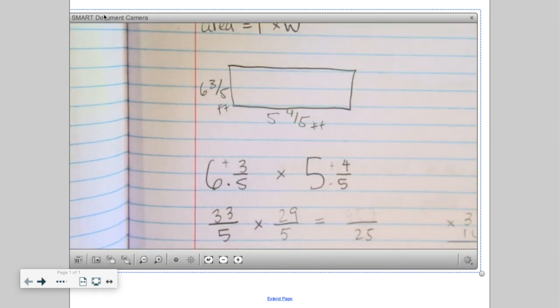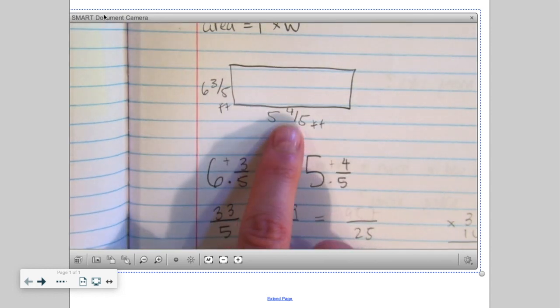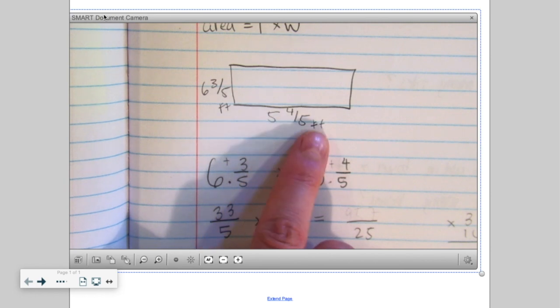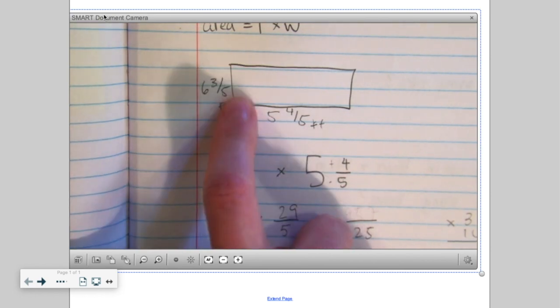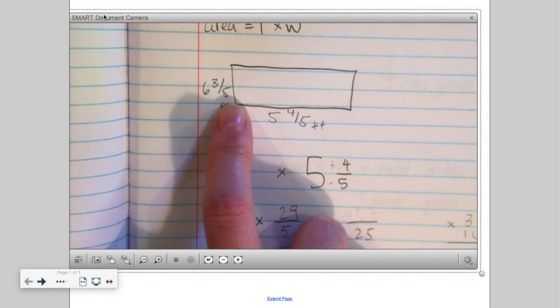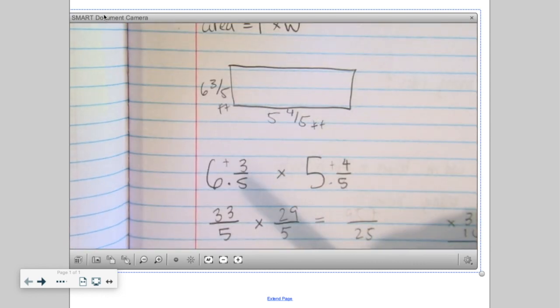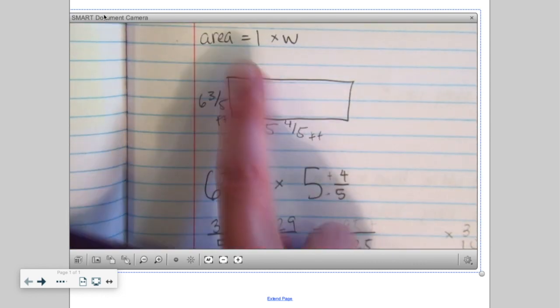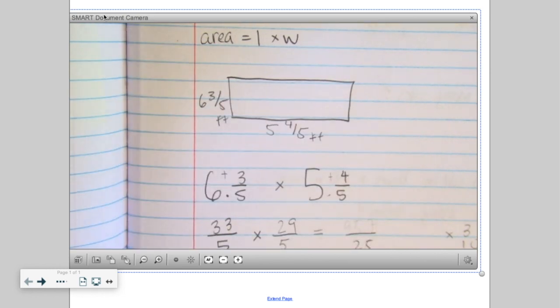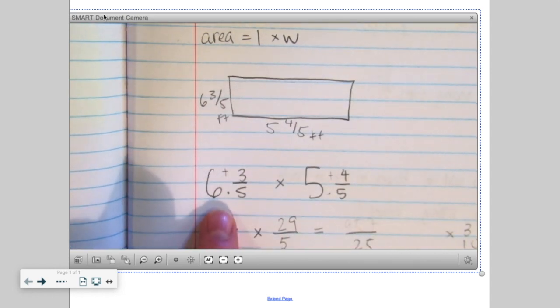I needed to find the area of a rectangle with fractional side lengths. So my width is 5 4/5 of a foot. My length is 6 3/5 of a foot. And when I find area, I'm multiplying length times width. The trick about this is that I cannot multiply mixed numbers.